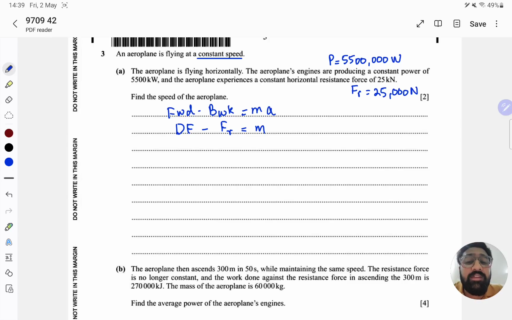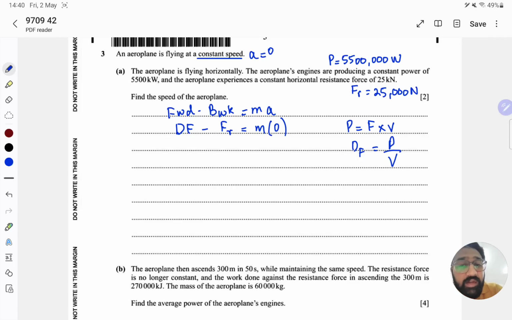The acceleration will be 0, because he said in the start that it is moving with constant speed. I'm sure you must remember a formula that power is equal to force multiplied by velocity. So driving force will always be equal to power divided by speed.